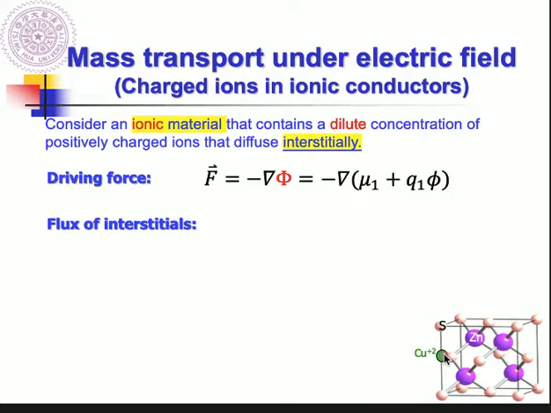The second term comes from the electrical field we apply on these materials: as these charged ions move through the material interstitially, they cause a potential change, which equals the charge carried on the ion times the potential applied on this system.